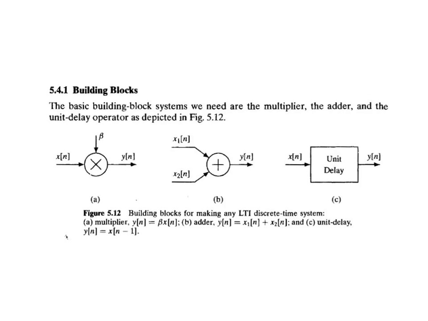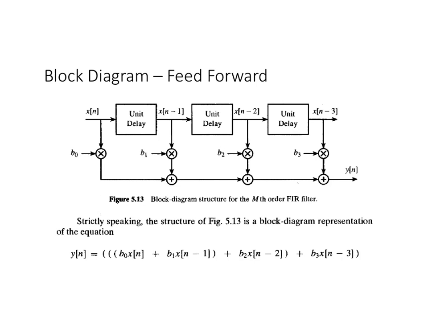So when we put these together into a block diagram that implements an equation, or that implements an FIR filter, it might look something like this. This block diagram shows a feed-forward difference equation. So there are multipliers here, there are adders, and there are delays.